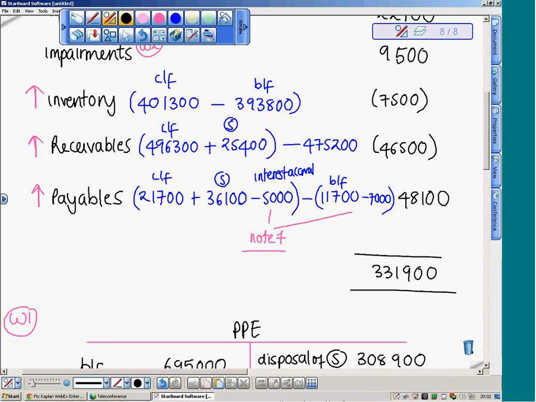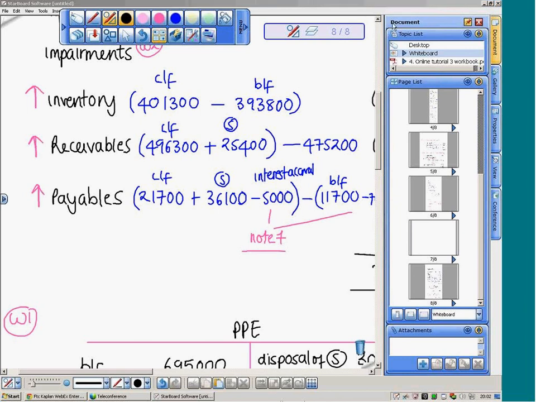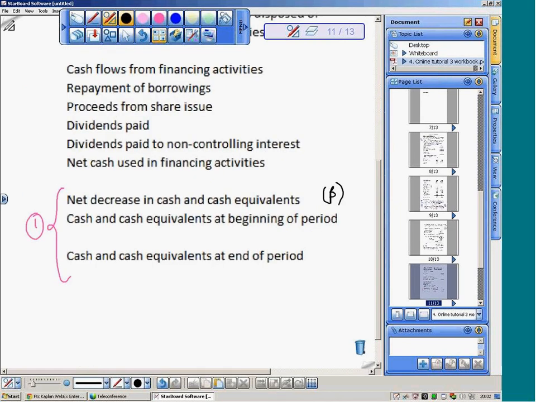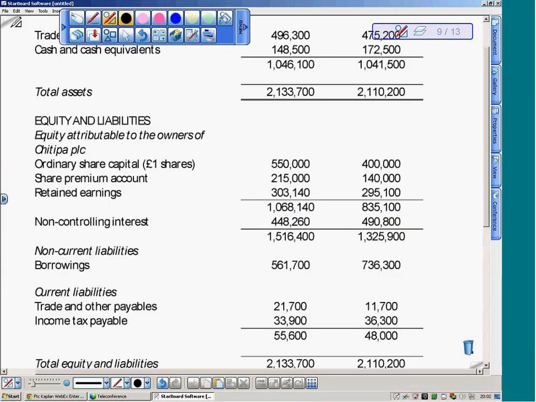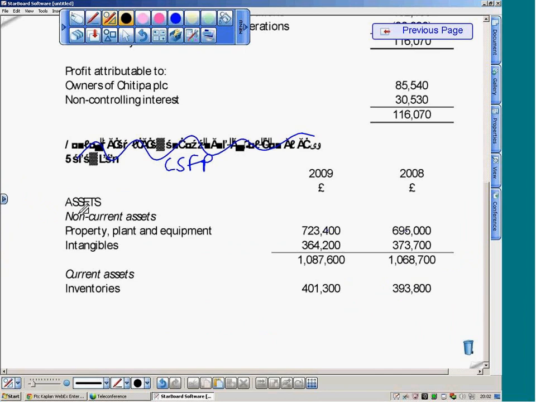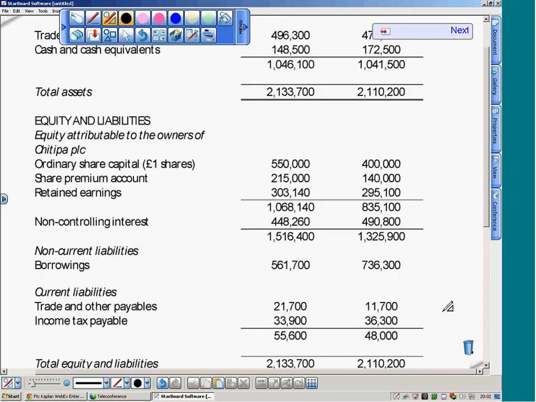I look at current assets, and I have ticked off the inventories line. Okay, so if I just bring up the question again. What we're doing in essence is working our way through every line item. Okay, so we've ticked off PPE, we've ticked off intangibles, we thought about inventory movement already in our reconciliation statement.